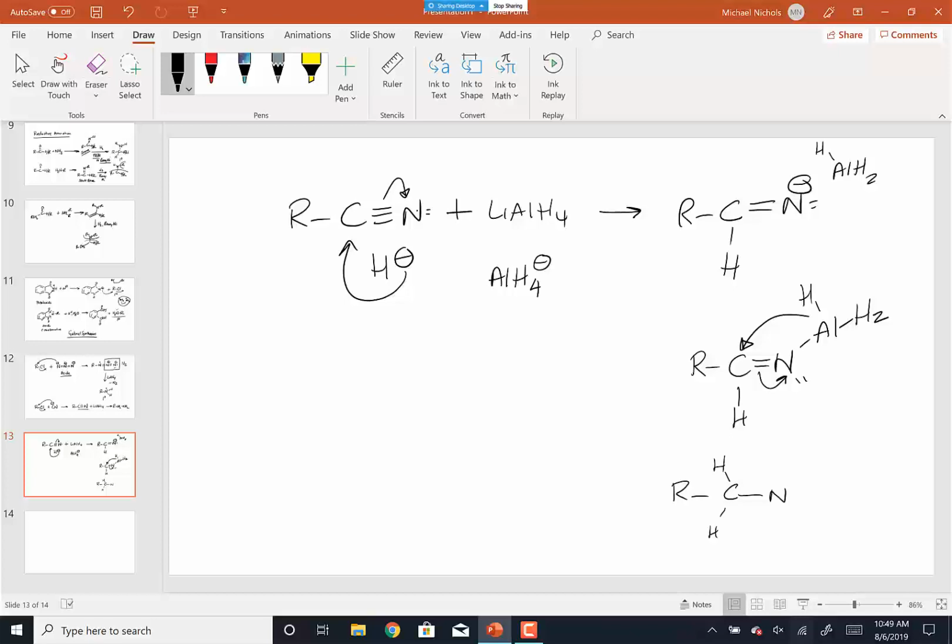My nitrogen now has a negative charge. And the aluminum then picked up a positive charge because it just lost an H minus. So now I'm going to form a full-blown covalent bond there. Okay, so this nitrogen has basically a negative charge. Well, actually, sorry, it doesn't. It gave its negative charge to form the aluminum bond.